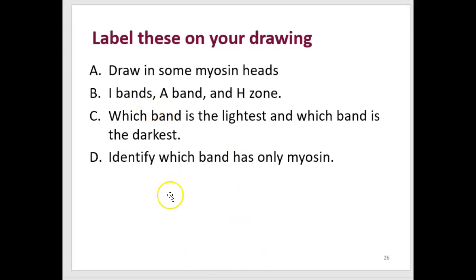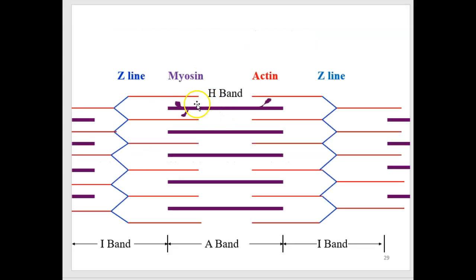And now you can do some labeling, and you can be thinking about function a little bit. So the first thing I would do is draw some myosin heads in. Okay, so you've got to put some globular proteins or heads on the myosin. That's my attempt at drawing myosin heads because they're going to grab the actin.